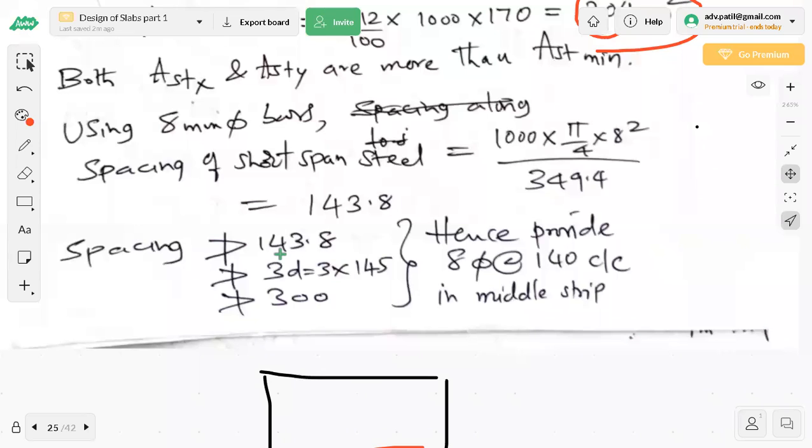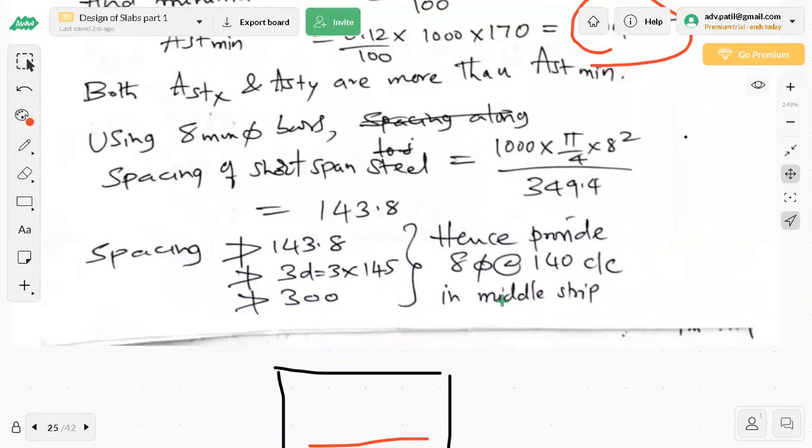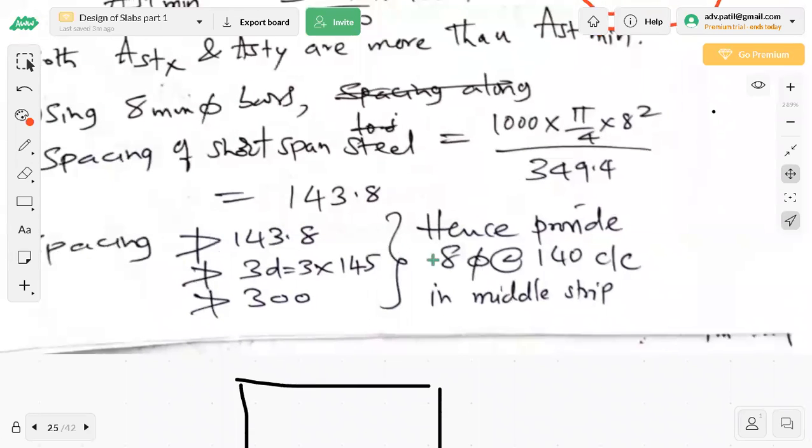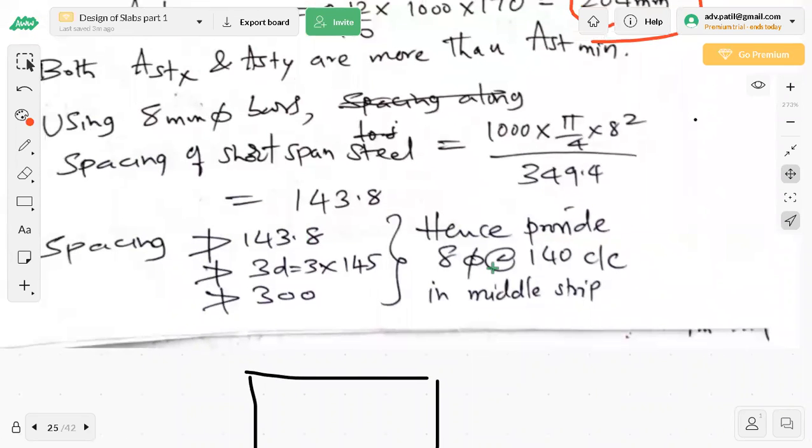If the spacing is more than 143.8, say 150 or 145, the area reduces. 349 will not be there now. That is why round it off to a smaller number in case of spacings. So out of these three, the smallest is 143.8. I am going to round it off to 140. So this is the steel in the direction of X.